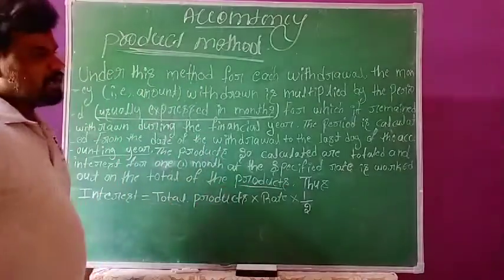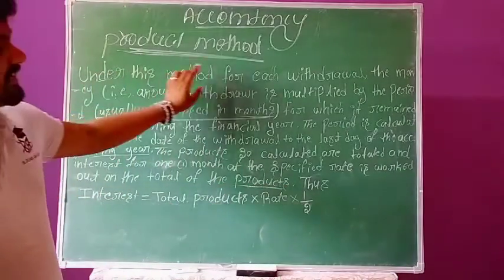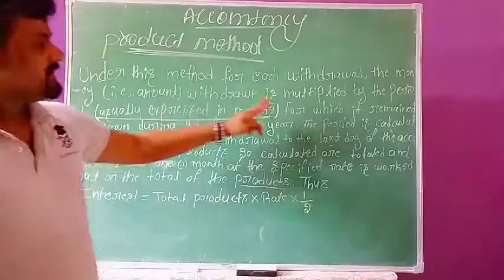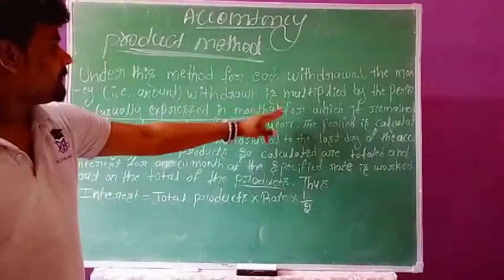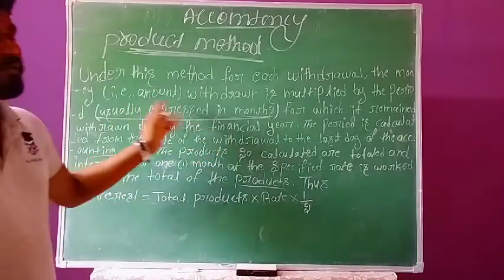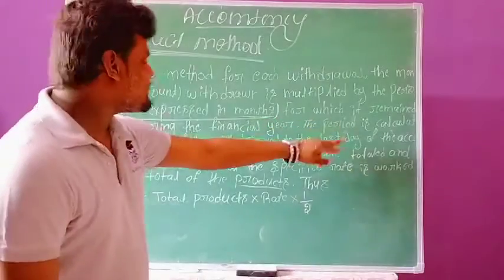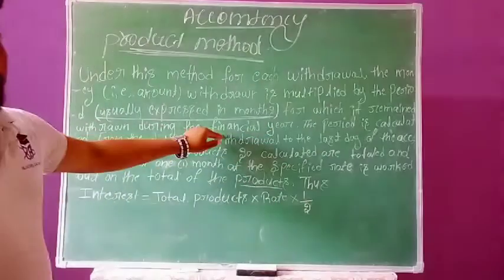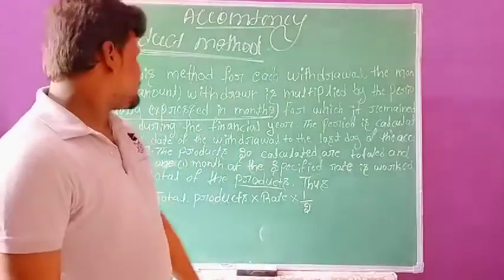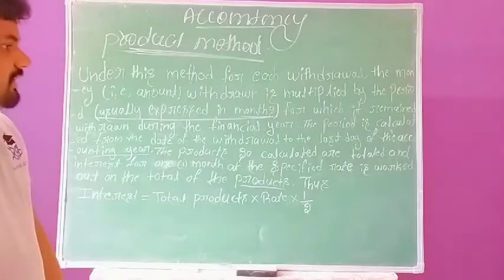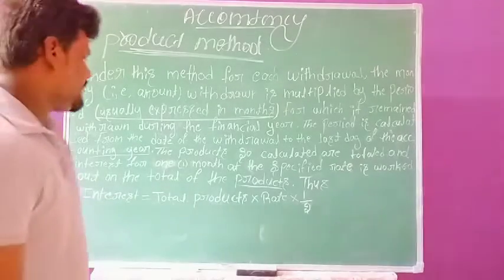Let me say once again: under this method, for each withdrawal the amount is multiplied by the period. Period means the number of outstanding months for which it remained withdrawn during the financial year, calculated from the date of withdrawal to the last date of the financial year.